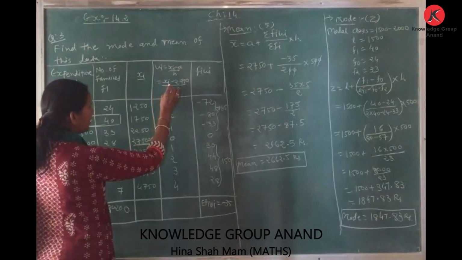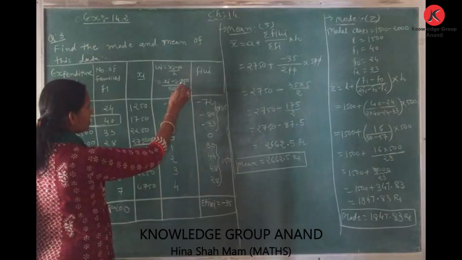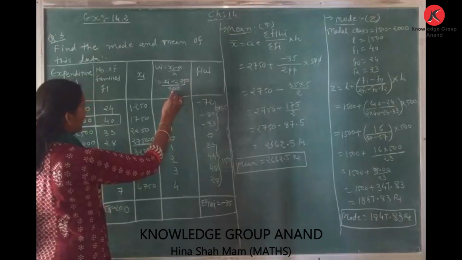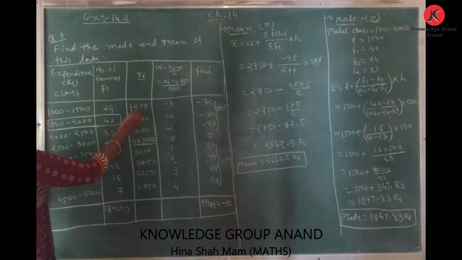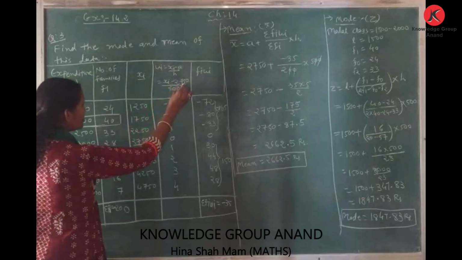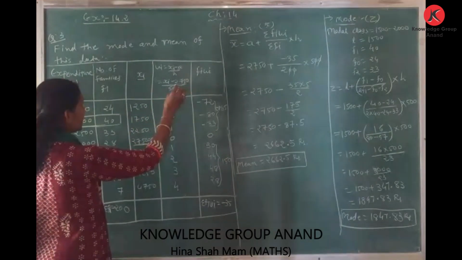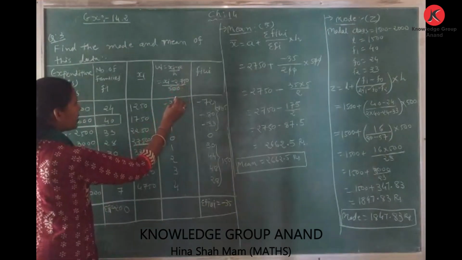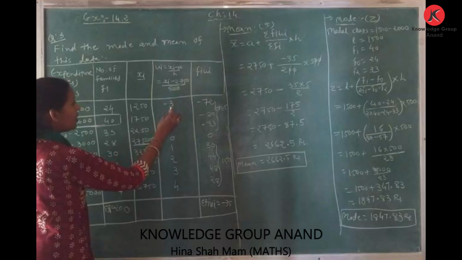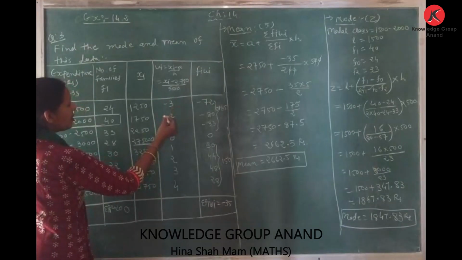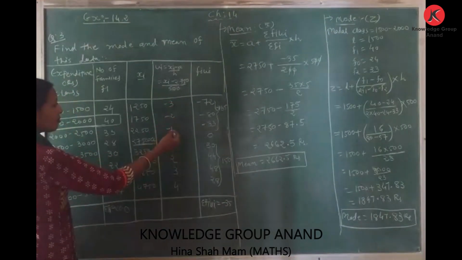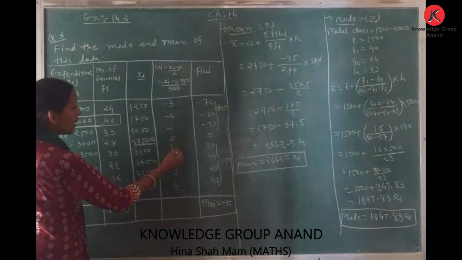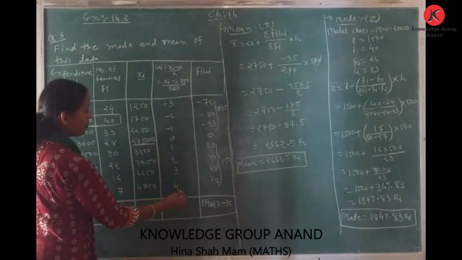Therefore, ui is equal to xi minus 2750 divided by 500. 1250 minus 2750 divided by 500 is minus 1500 divided by 500, which is minus 3. So ui values are minus 3, minus 2, minus 1, 0, 1, 2, 3 and 4.